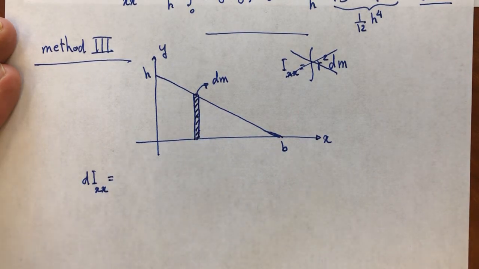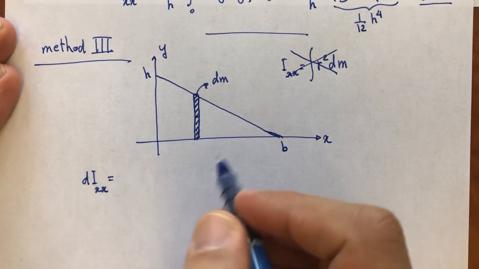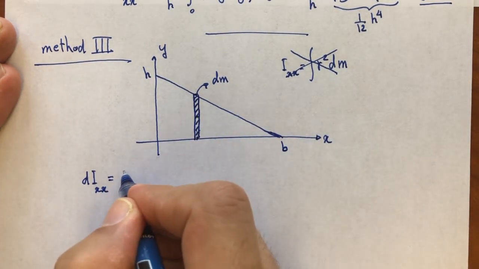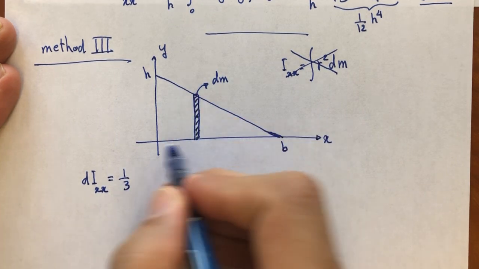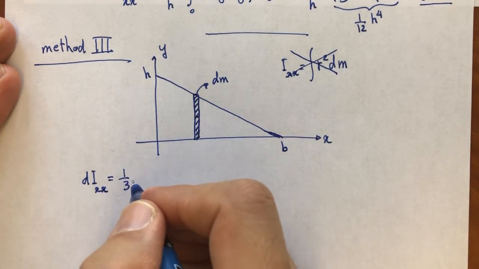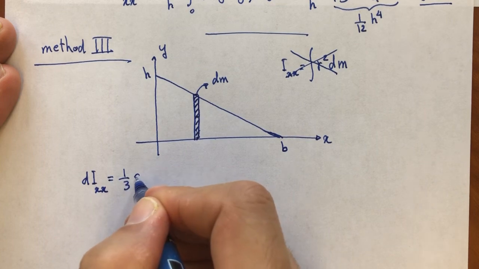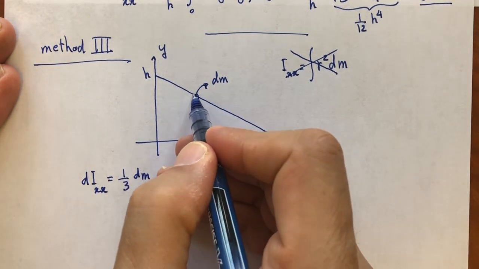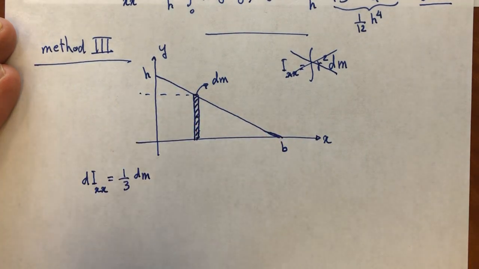We can start with that. So the mass moment of inertia of this tiny strip, which is a rod, about the x-axis is going to be 1/3 of the mass, which is dm, times height squared.